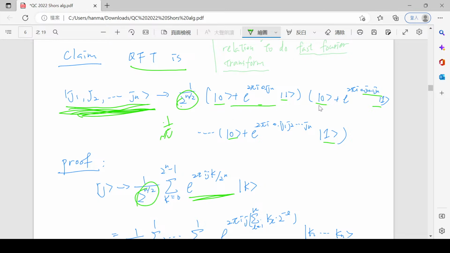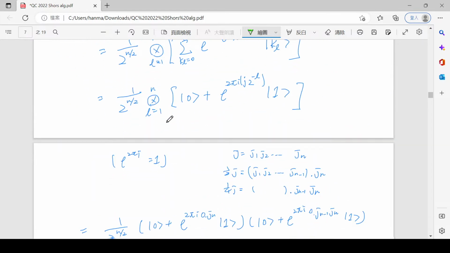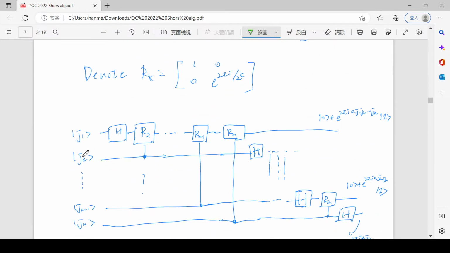And you will see that this weird application of phase equals e to the 2 pi i jk over big N, where big N equals 2 to the small n. So this is what we will see next time, and for this time we assume that this is true.